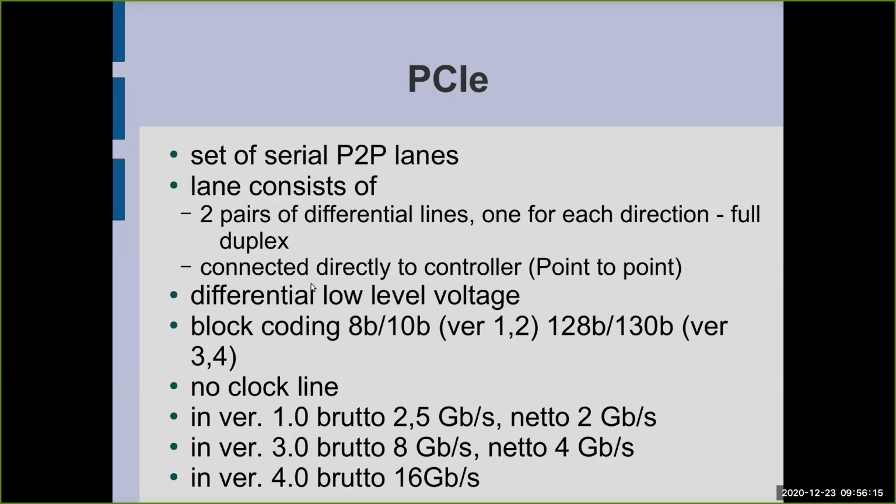This signal is transmitted using voltage signaling or differential voltage signaling. So it's low level voltage, less than 3.3 volts, and it used block coding. So you can see that the channel coding is 8B over 10B, or for PCI Express 3, it is 128B over 130B.